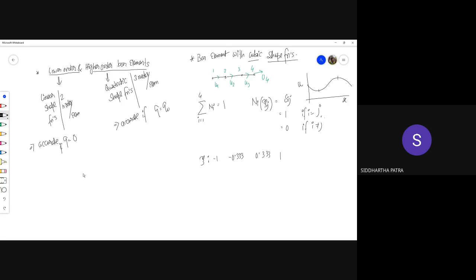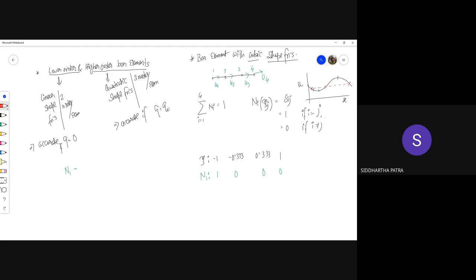For example, I can construct, let's say, N1. Now the value of N1 is 1, 0, 0, 0. So it should be 0 everywhere except for node 1. It's a cubic polynomial, everywhere it is 0, and the way it achieves identical values at three locations is by going through this sort of variation.